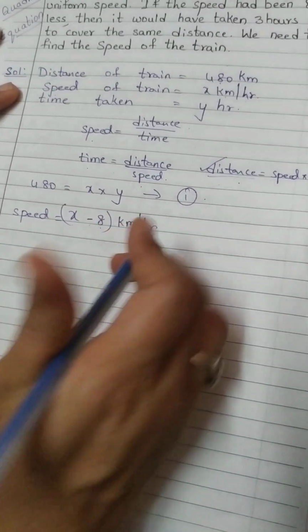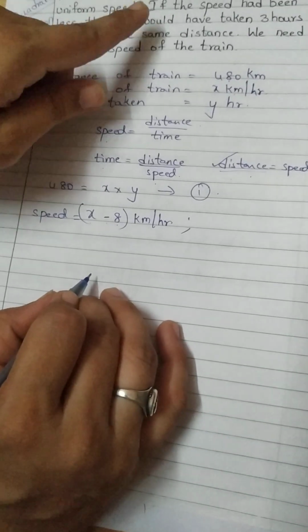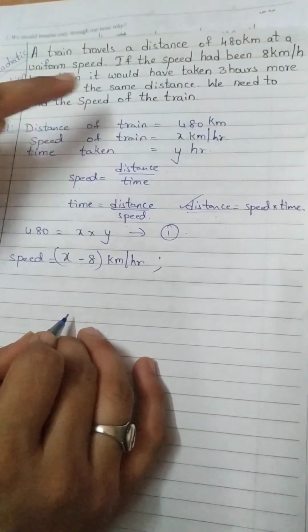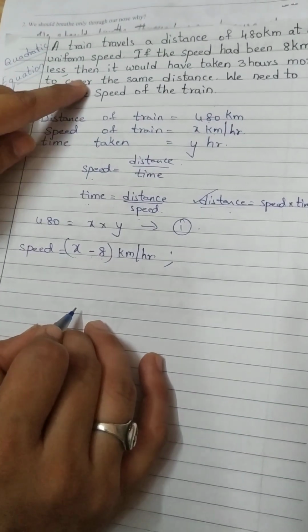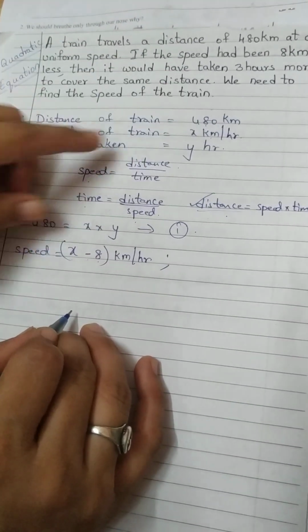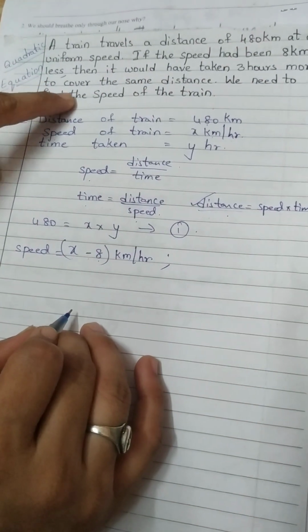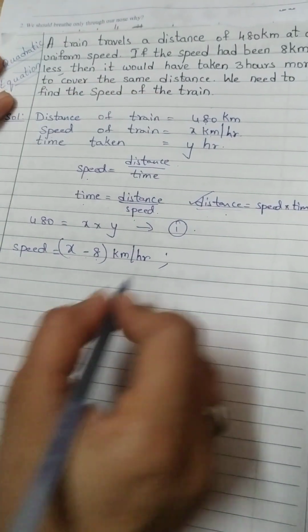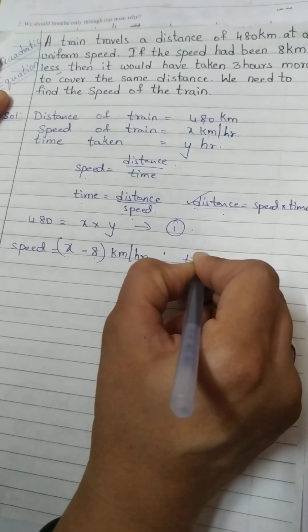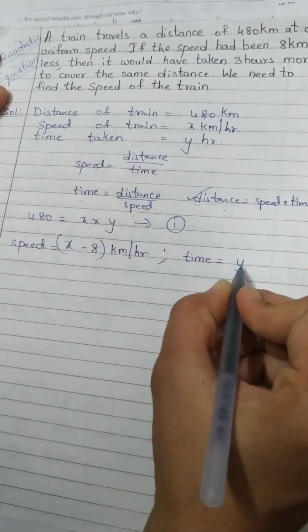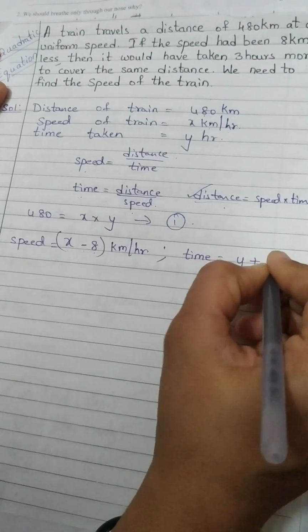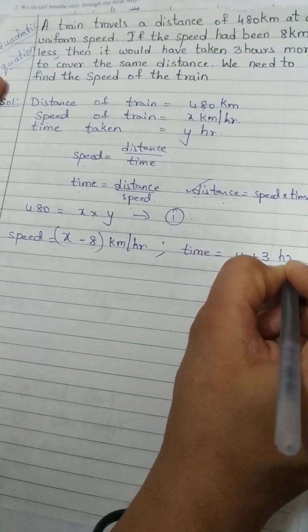So this is the condition. If the speed had been 8 kilometers less than the original speed, then it would have taken 3 hours more to cover the same distance. So the time is taken as 3 hours more. That means more means plus 3 hours.